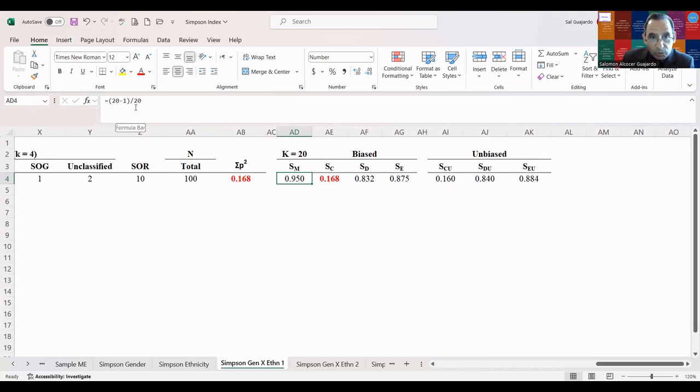That gives me the maximum possible score of 0.95. So again, to calculate the biased standardized score is going to be 0.83 divided by 0.95. In this case, it is AF4 divided by AD4. And so the department obtained 87% of the maximum possible value of 0.95.